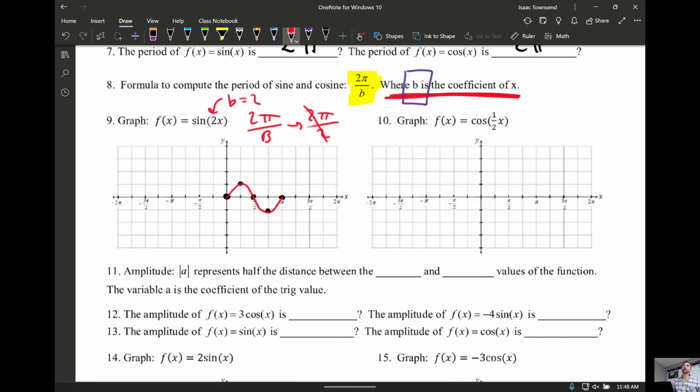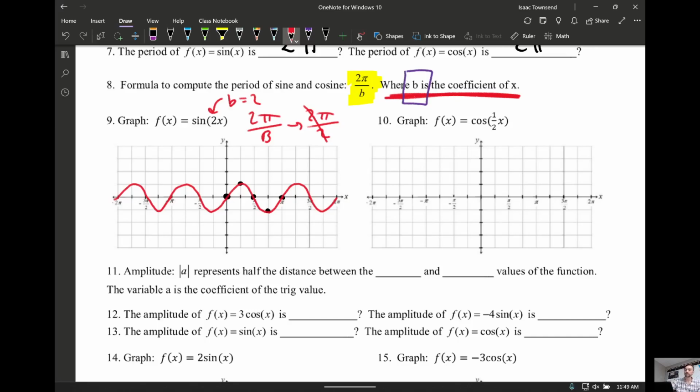That is what one cycle of sine looks like. But it has been squeezed into half as much distance because of that b value. And again, you have to be careful with one cycle. You've got to go slow on that part, make sure that that is as correct as you're going to get it. But then once you have one, you can just copy and paste it a few times until your graph is complete.